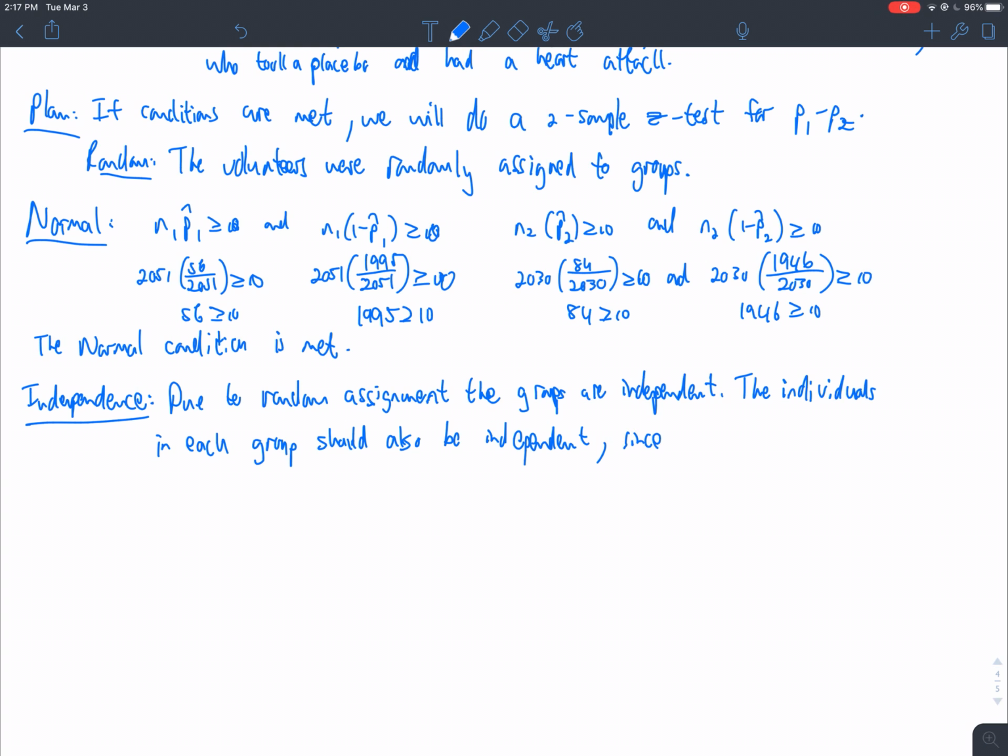Since one individual's response to treatment or lack thereof is independent of another. Since, let's say, one individual's heart attack response is independent of another.